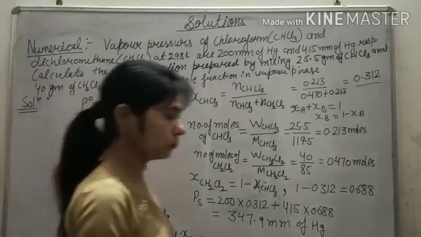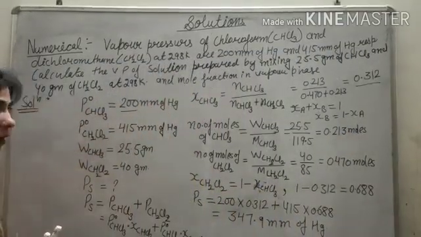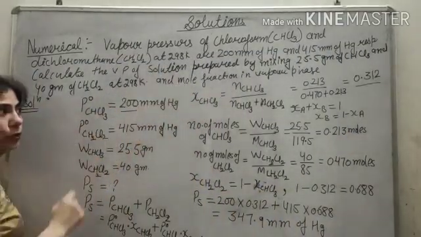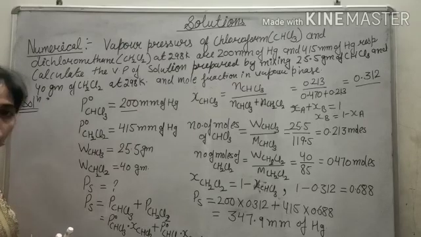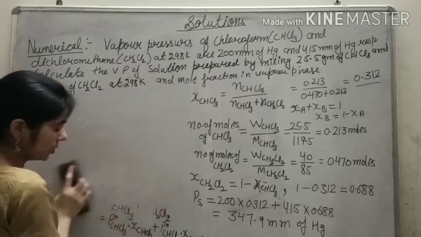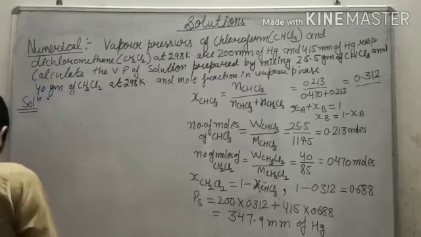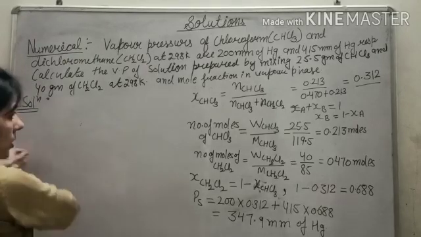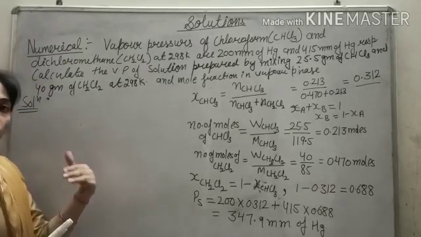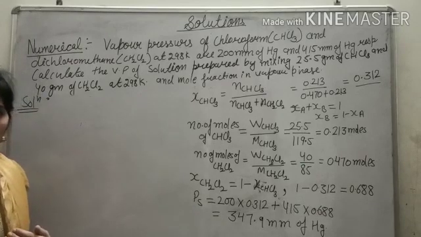Now we have to calculate the mole fraction of the component in the vapor phase also. So students, the mole fraction of a component in the vapor phase is the ratio of the partial pressure of that component to the total pressure of the solution.